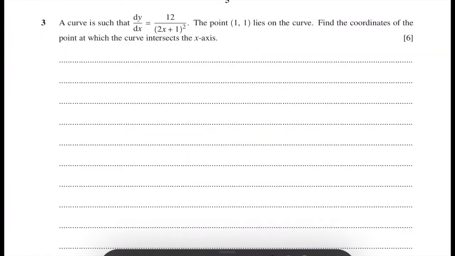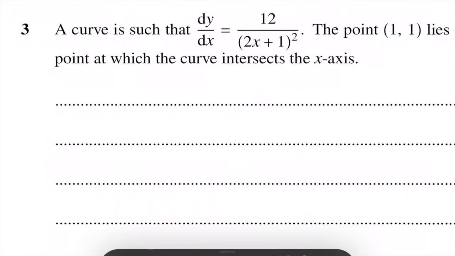A curve is such that the derivative is shown. The point (1, 1) lies on the curve. Find the coordinates of the point at which the curve intersects the x-axis. So to do this question, you need to find the equation of the curve first. We'll go ahead and integrate this equation.